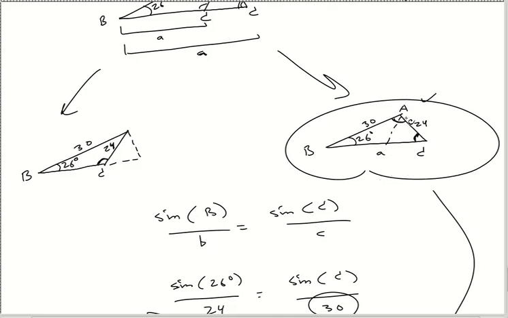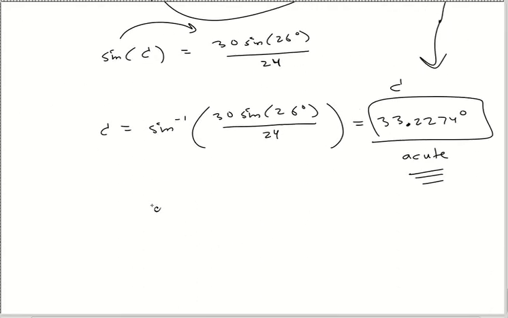Well, how do we get A? Well, we got B, we got C. We can find A with the 180 rule. 180 minus my original angle of 26 and minus the 33.2274. Again, notice I'm using a rounded answer. That's bad, but I have to. I don't have another option at this point. So go as many decimal places as you can.